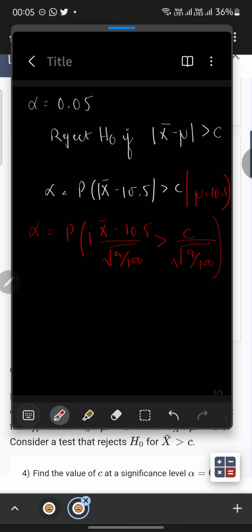This is what we'll be getting, and this is modulo here, right?